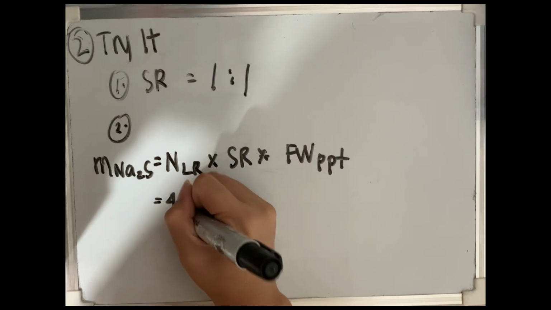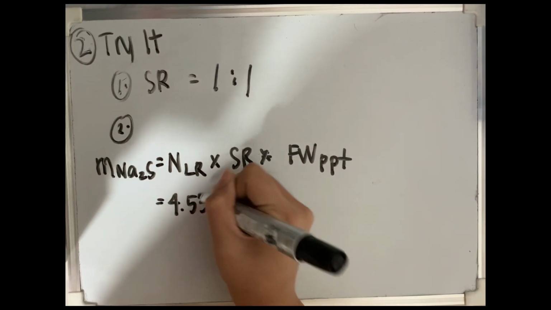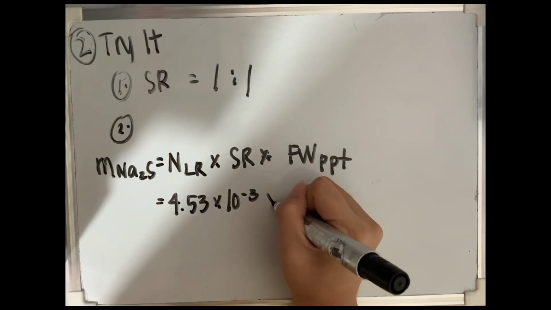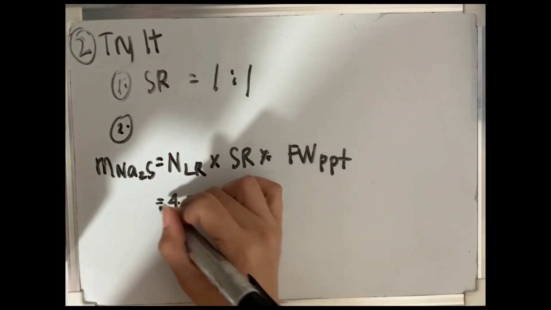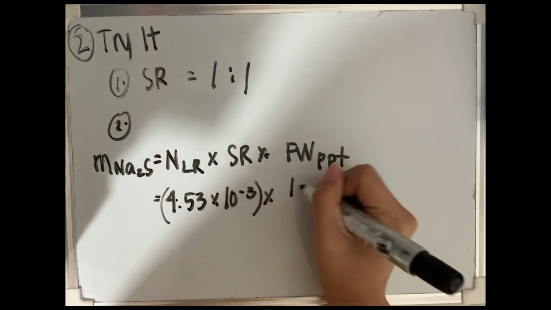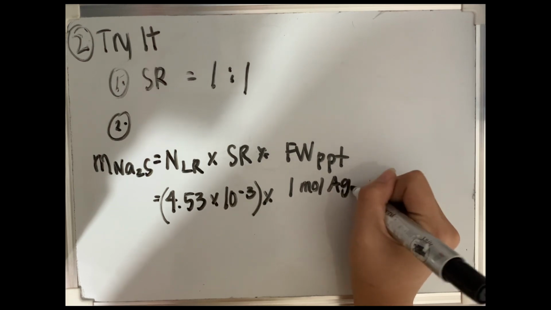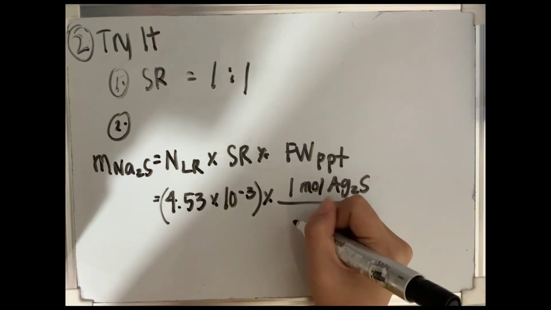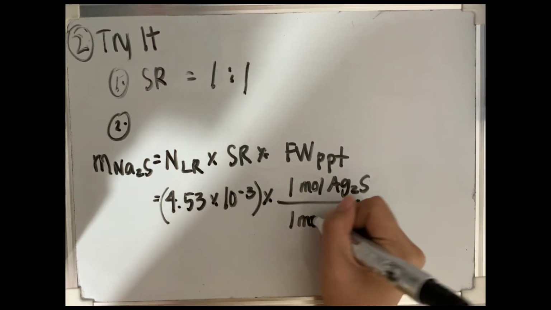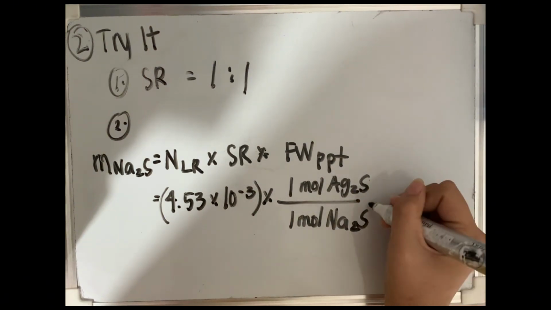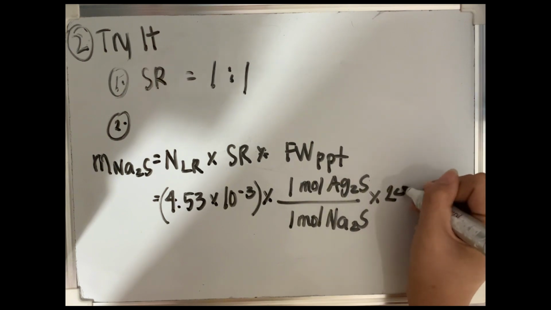And then, ang number of limiting reactant is 4.53 times 10 to the power of negative 3 gikan sa tuwang last equation, and times ang atong stoichiometric ratio, which is 1 mol Ag2S over 1 mol Na2S, times the formula weight of the precipitate, which is 248 grams per mol.